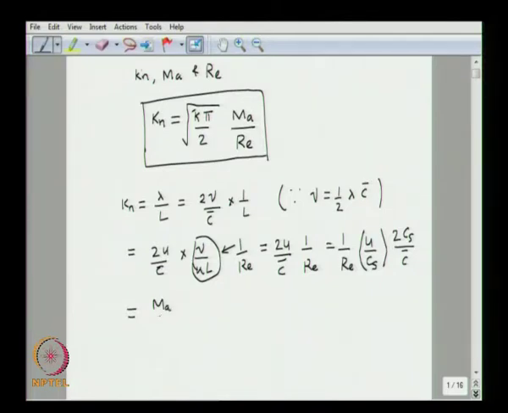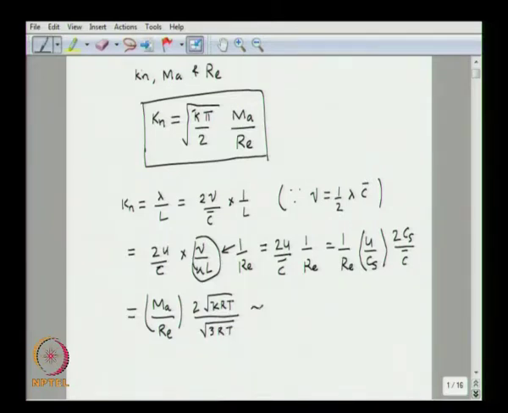So this is Mach number divided by the Reynolds number into 2, where Cs is square root of k RT, k is the specific heat ratio, divided by 3 RT.